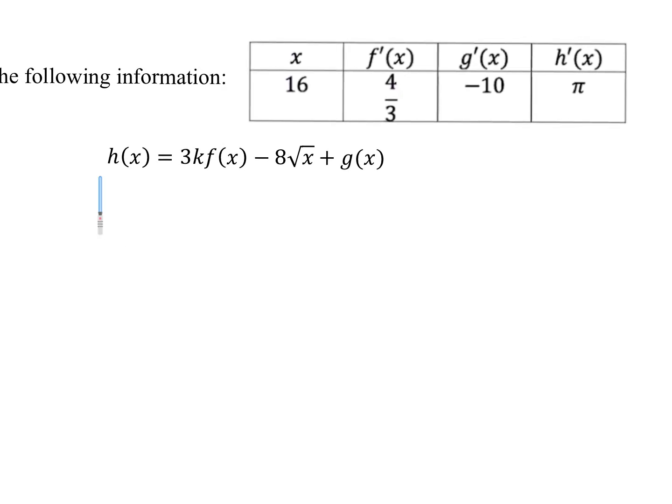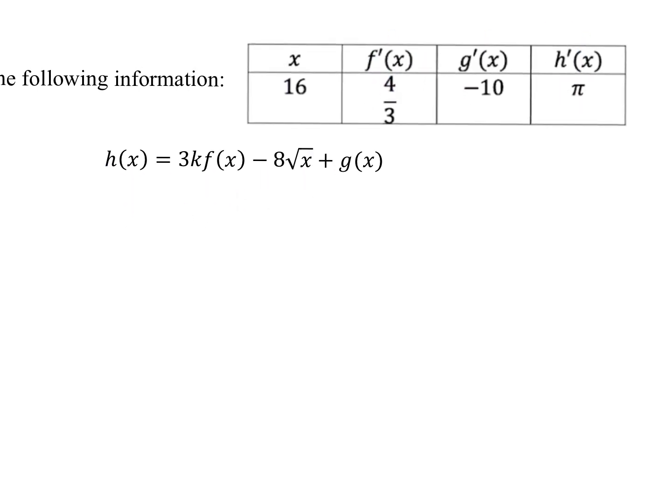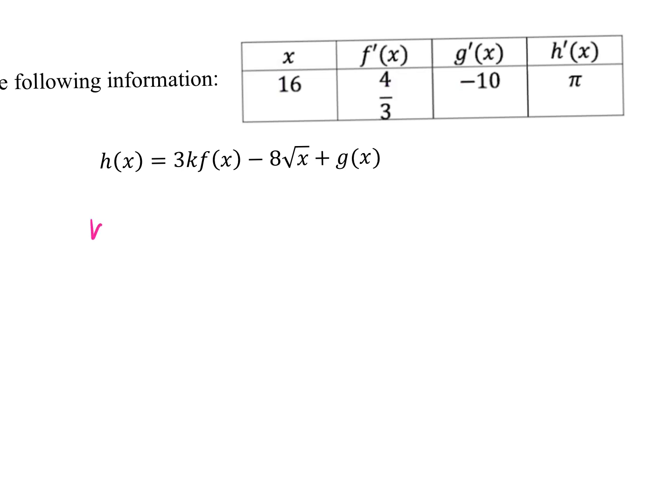Here's what I want us to do. If they gave us some info about the derivative, see that's f prime and that's h prime. Let's go find what is h prime, with just respect to x. I'm not even going to put a value in there. K is a constant. So we've got 3k, and then we've got times f of x. You guys, that constant, she's just chilling.